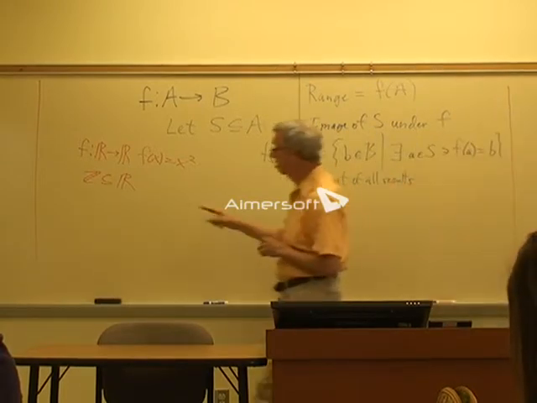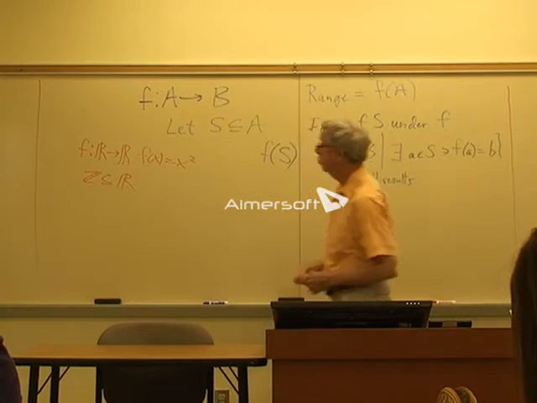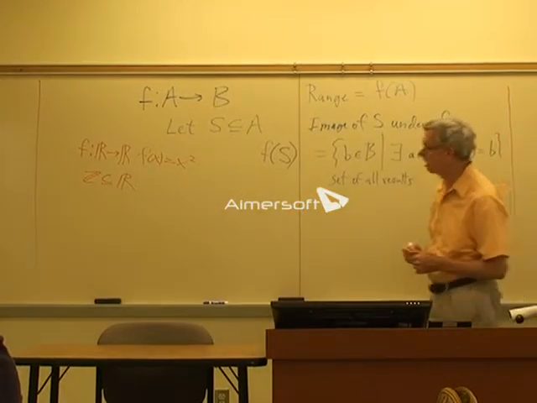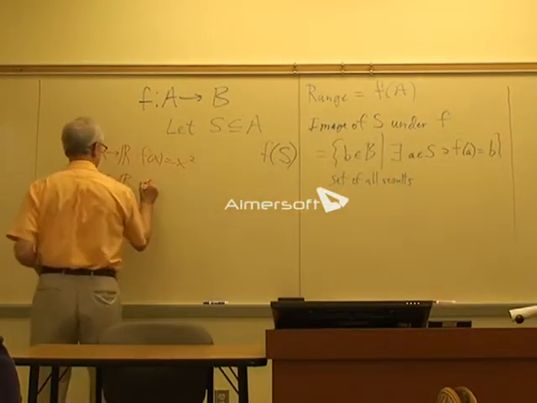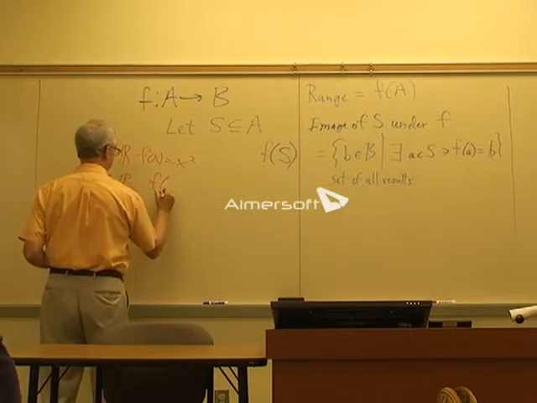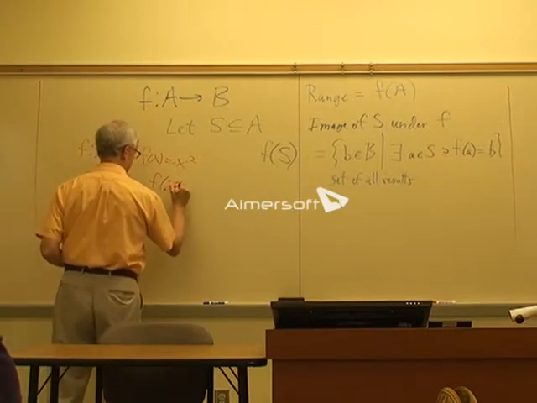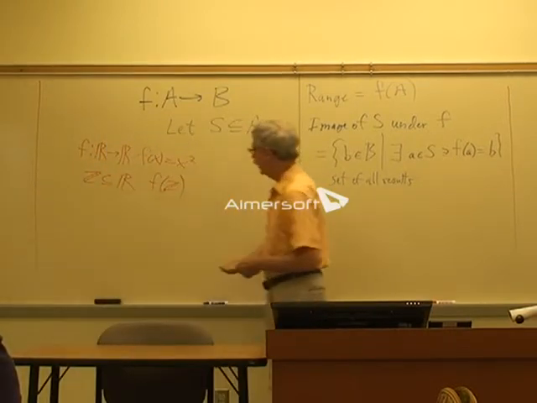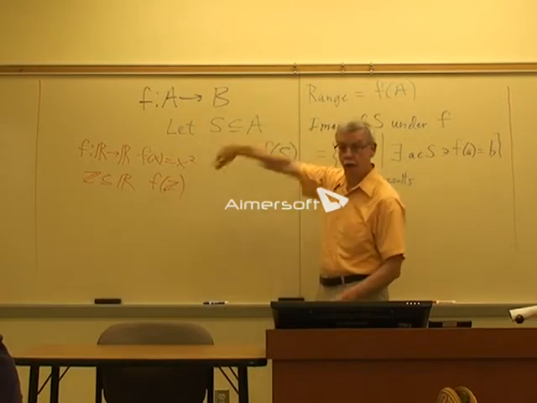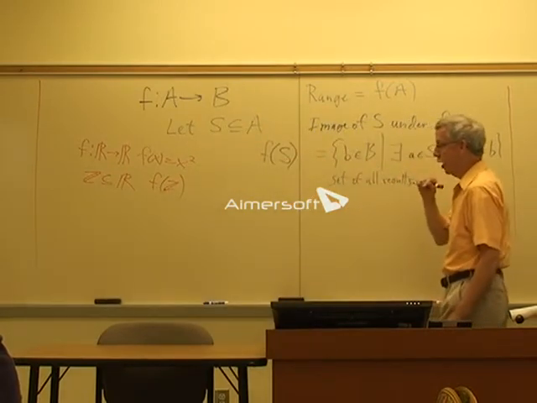I'm going to choose as my subset S, Z. So what would the image of Z look like? The image of the whole reals here is a smooth curve, all those points that make up the parabola.